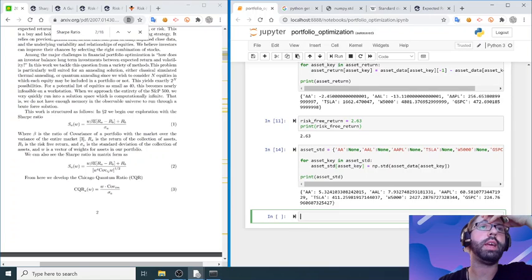Like, I don't get it, is it a number or what is this? Or is it like Sharpe ratio? You know what I mean? Like W is a vector of weights.